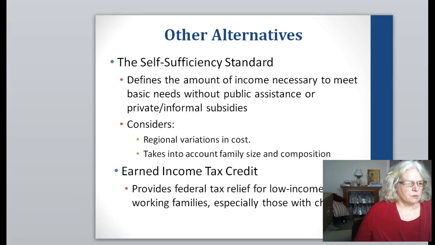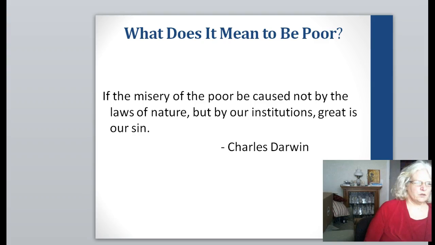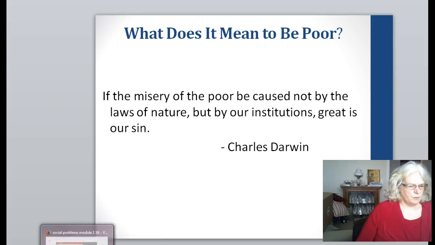So what does it mean to be poor? "If the misery of the poor be caused not by the laws of nature, but by our institutions, it is the greatest sin," said Charles Darwin. You can see how many times our poverty issues are things that we have brought into place.